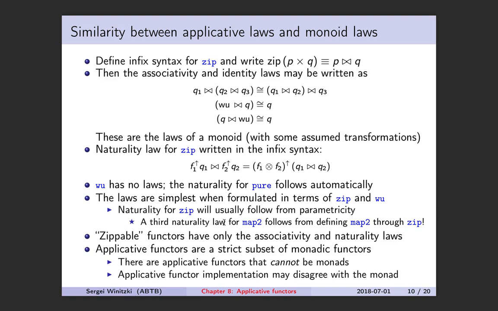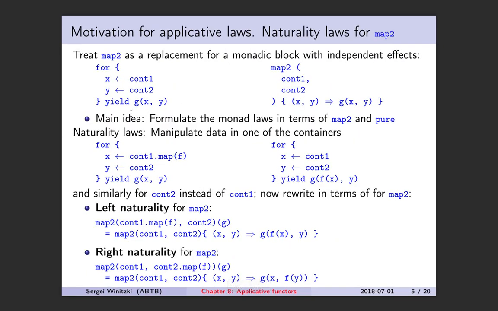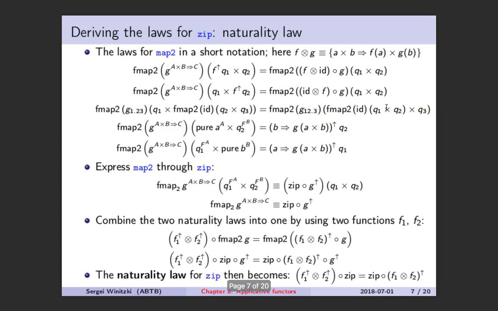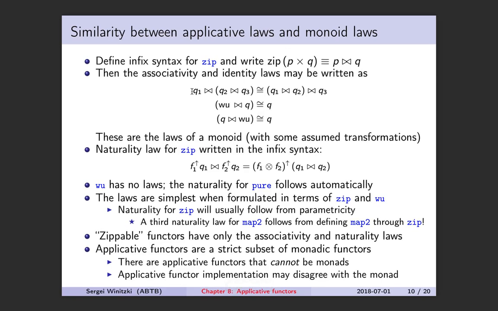So our consideration when we derived the laws gave us two laws, but they didn't give us all the laws. We could have been more clever right here, but we weren't. However, once we understood how to formulate the laws in the best way, then obviously the right thing to do is to start with these laws and then derive the laws for map2 from those.